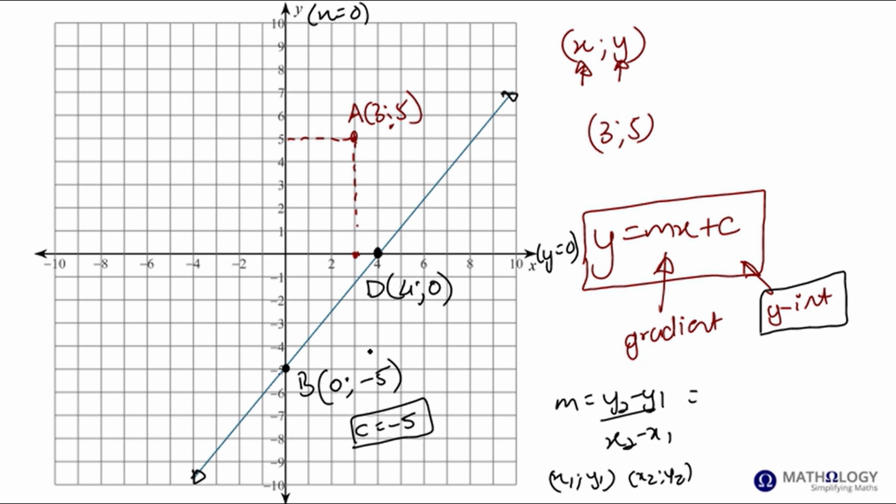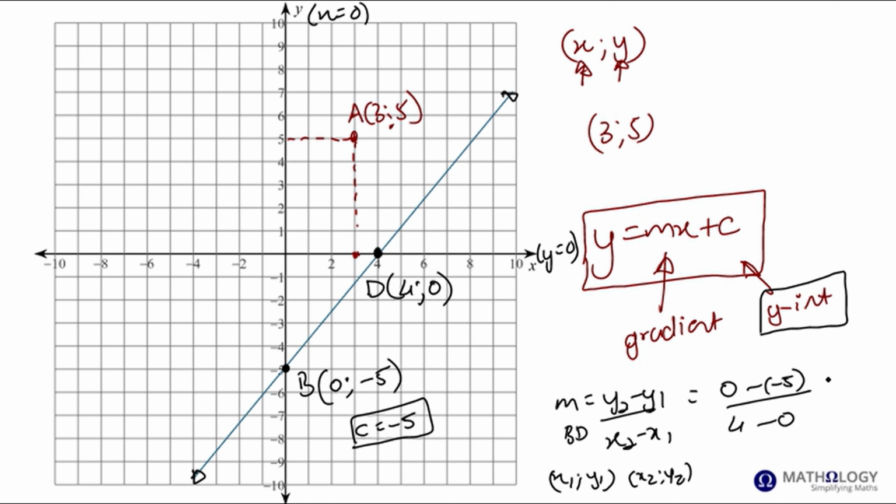So the gradient of BD will be y2 minus y1 over x2 minus x1. So the y coordinate, y2 will be 0, y1 will be minus 5. So it's 0 minus minus 5 over x2, which is 4, minus x1, which is 0.